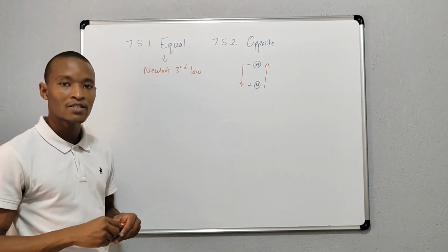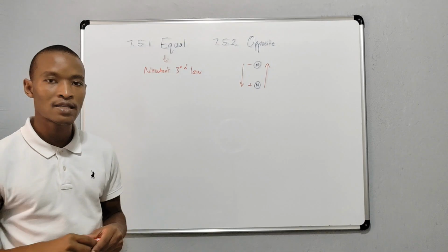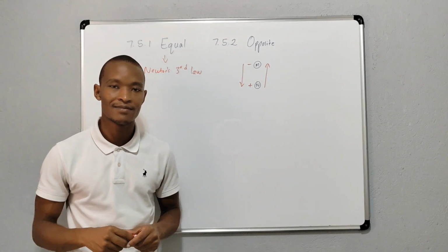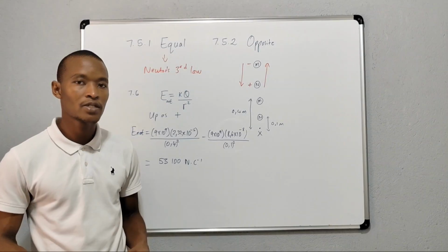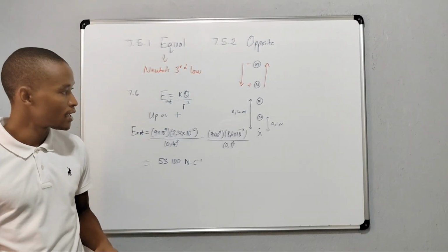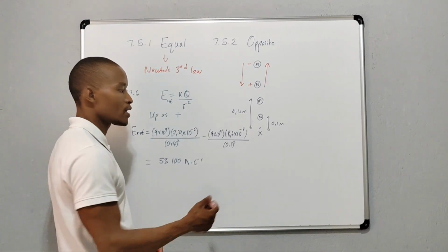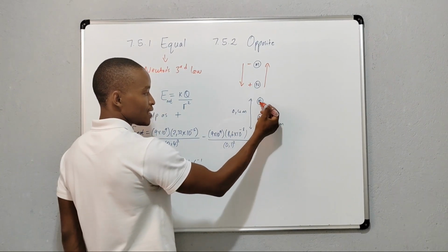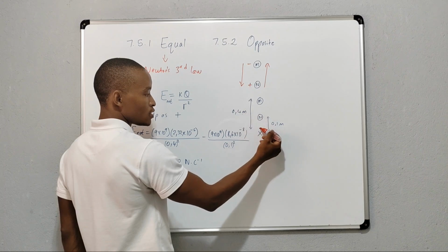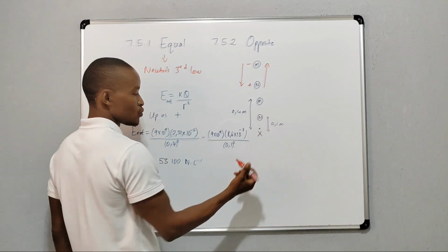Let us go to the last question, 7.6, and see what needs to happen there. Right, so in this question, we need to calculate the net electric field at point X. So what do we need to know? The distance between X and M, which is 0.4, and the distance between X and N, which is 0.1.